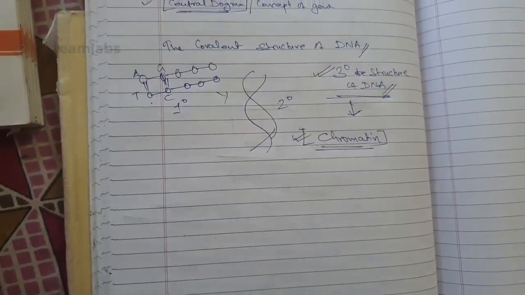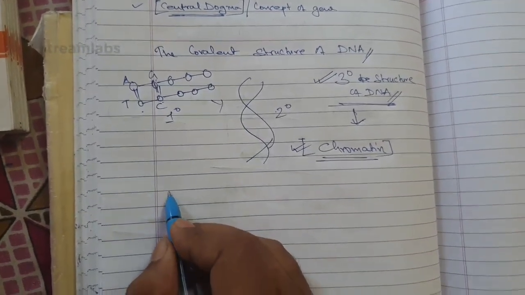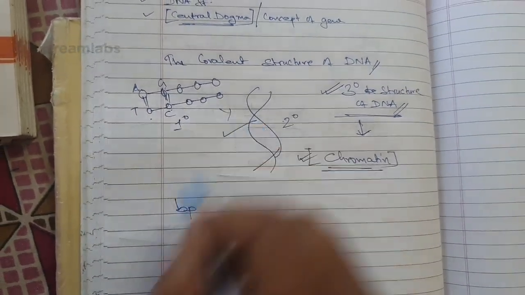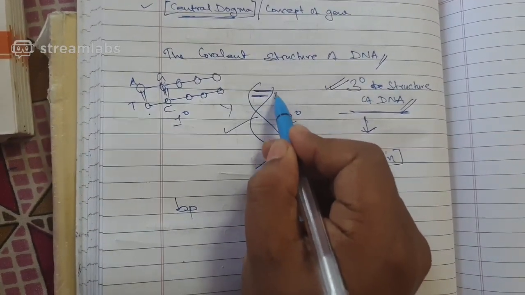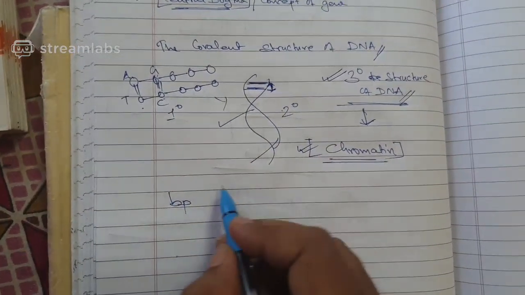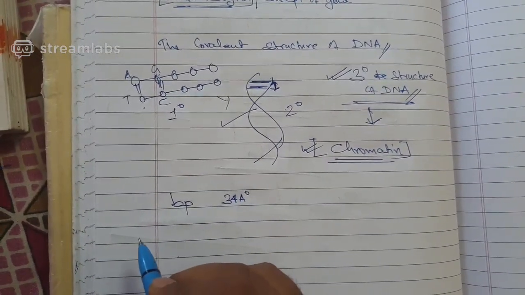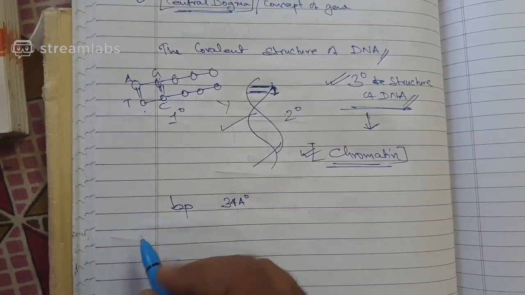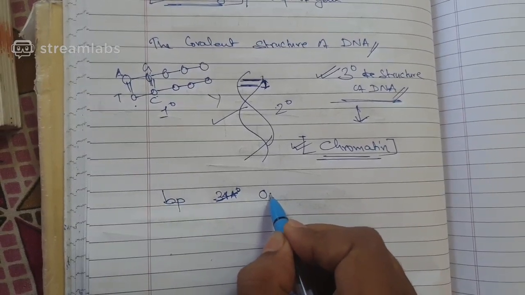Before going into any details, first of all I want to ask you a question. If there are base pairs in our DNA, the distance between two base pairs is 3.4 Angstrom, which gives 0.34 nanometer.